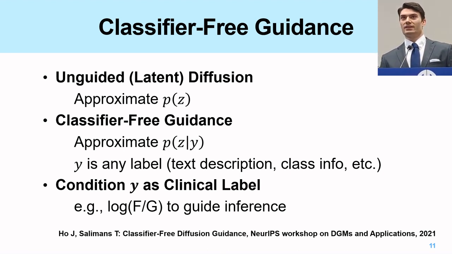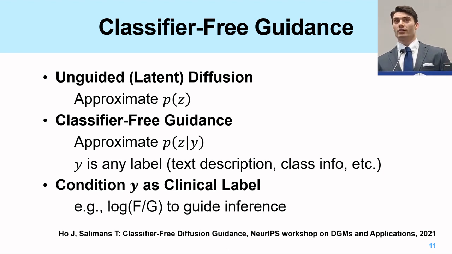This is what you get in these online image generators when you put in a text prompt. However, we decided we can get creative and condition on a clinical label. In this case, we use the log fat-to-glandular ratio as well as the area of the breast to guide our inference.